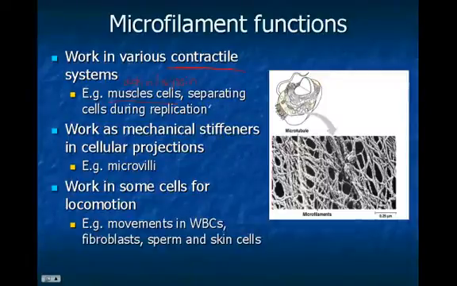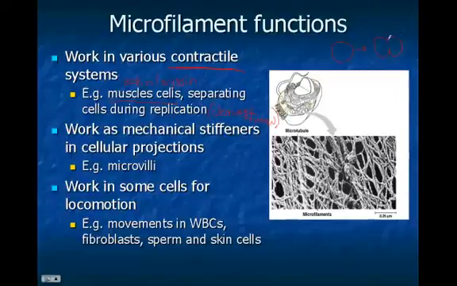Also, we're going to talk about the cleavage furrow, when one cell is dividing into two cells during mitosis. This thing called the cleavage furrow will form, and literally that's where our one cell, as it undergoes cell division, will start to pinch off in the center of the cell.